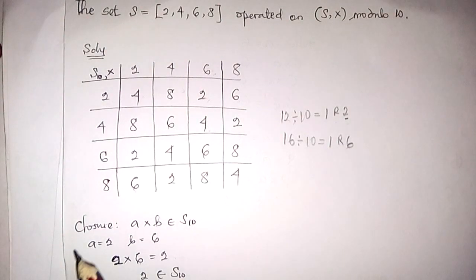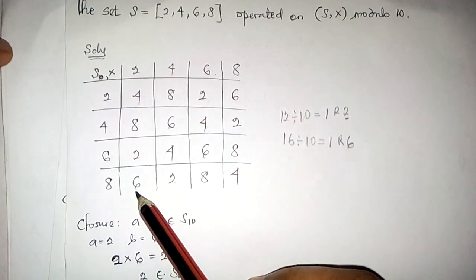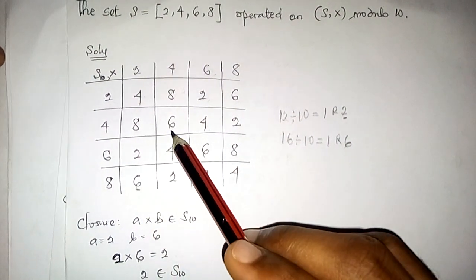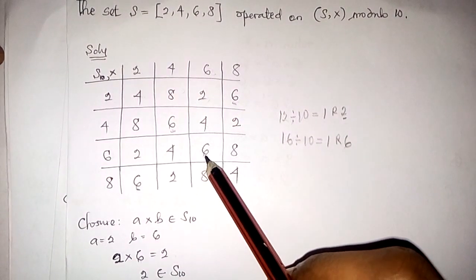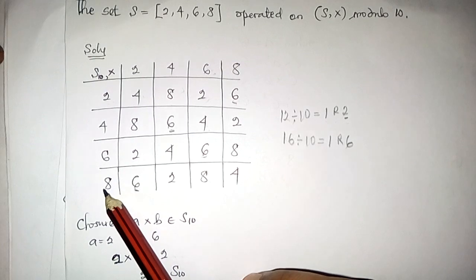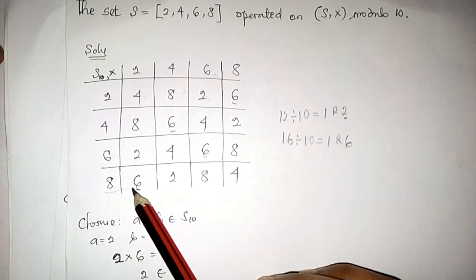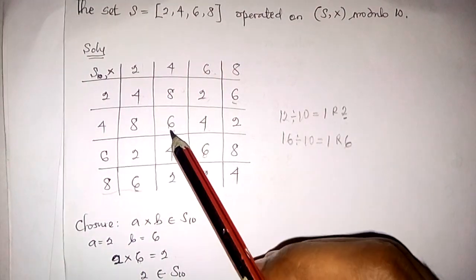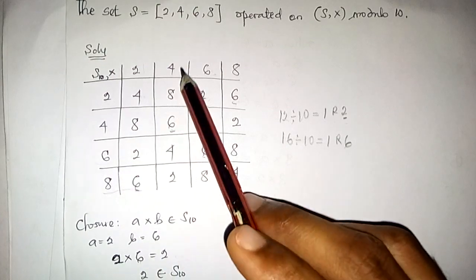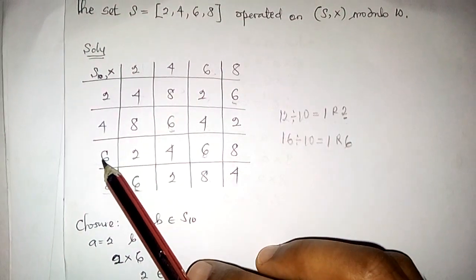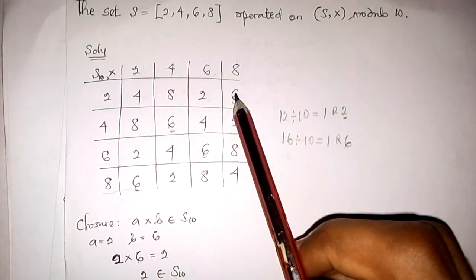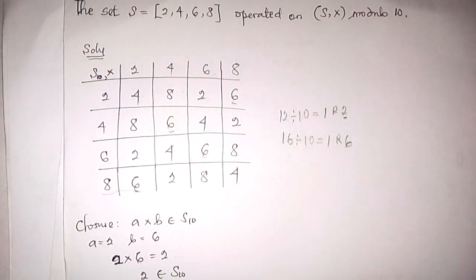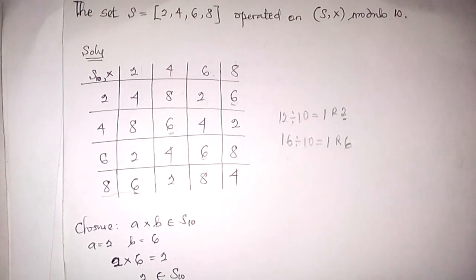Remember from the idea we gave the first time, just find wherever you find 6 and find where they meet. 6, 6, 6. So just hook them up, link them up. This, this, this, and this. So therefore, that property is observed.